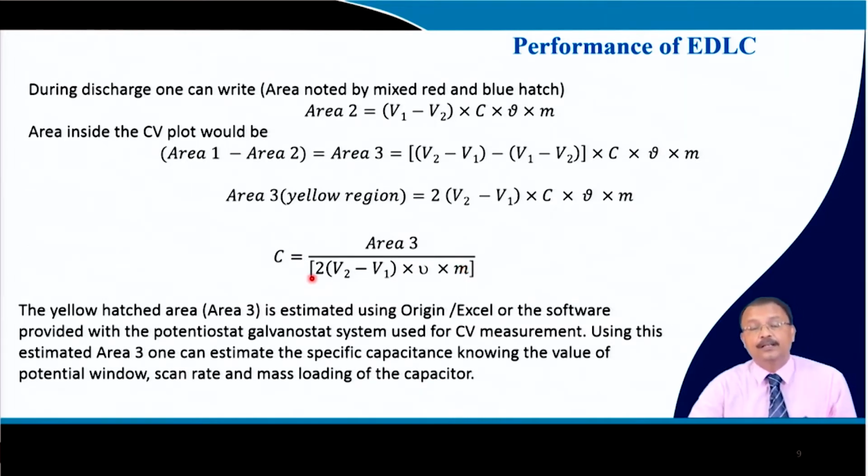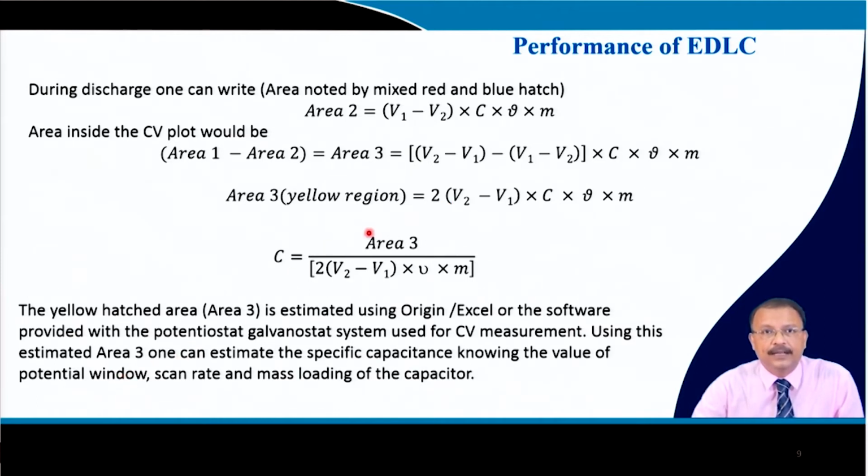So, usually we use either the software which is associated with this galvanostat potentiostat system, which we usually use to measure the cyclic voltammetry. That software is used, or the current and voltage data that you can plot in a software like Origin or Excel, and then you can estimate this area from the curve that you have gotten.